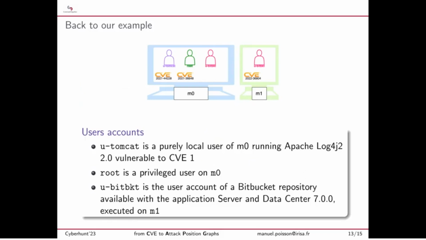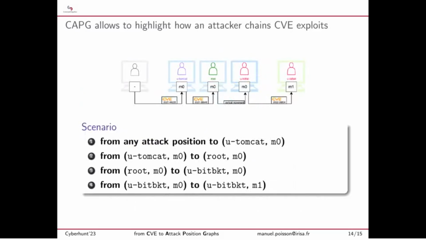So in an attack scenario, we can imagine with this knowledge that an attacker, from any attack position, can exploit the first CVE to gain control of the user Tomcat on the first machine. Then from this attack position, he can perform a vertical movement and gain control of user root by exploiting the second CVE.